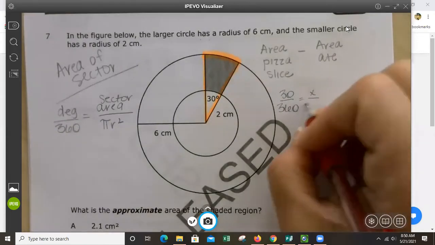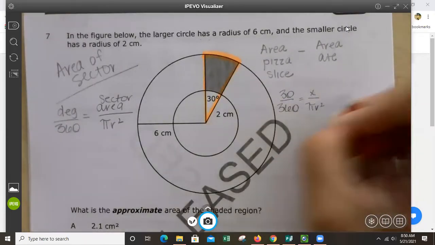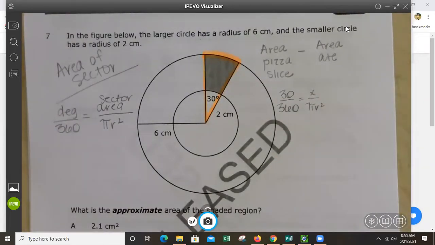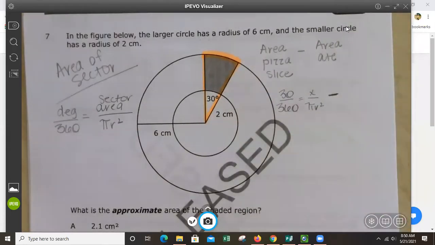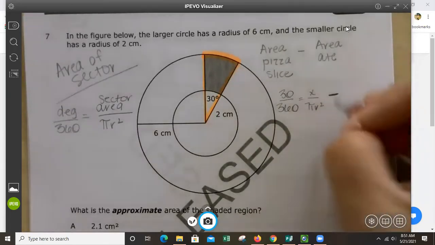And then pi r squared. So we have to find the whole area first. And then we're going to do a big fat subtract. We're going to talk about this in a minute.